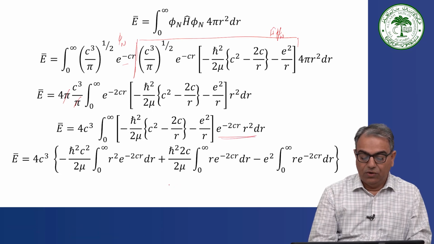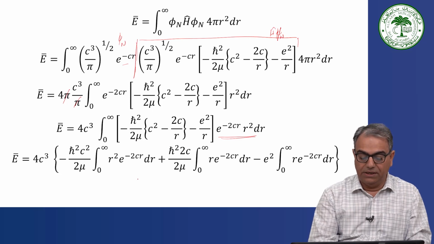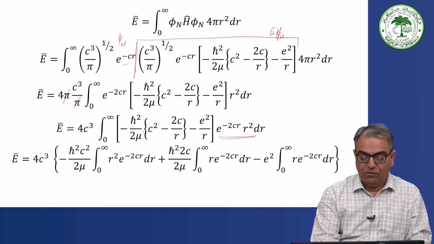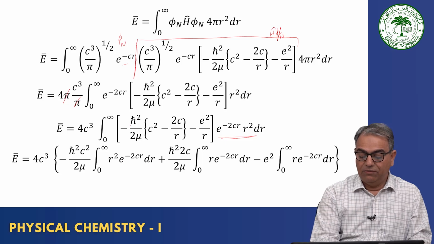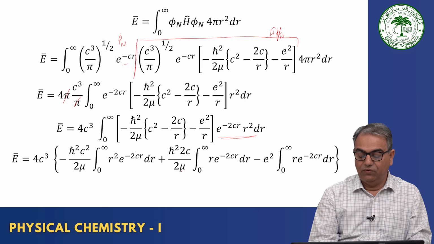Now what you can do, you can bring those terms where this r is not present. So what you bring, minus h cross square c square by 2 mu, r is not present. So what you will do, you will differentiate r square exponential minus 2cr dr. Okay. Then again, you will multiply this with this one. So h cross square divided by 2 mu will be there, and you will have 1 by r multiplied by r square, which will be r.